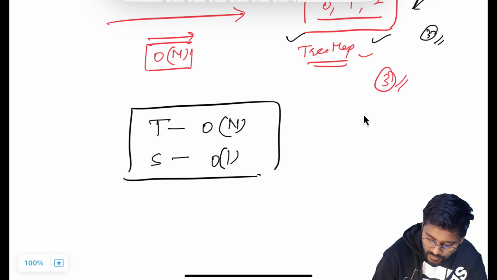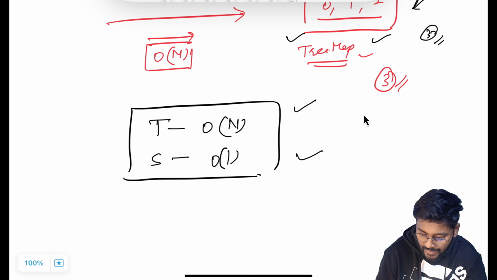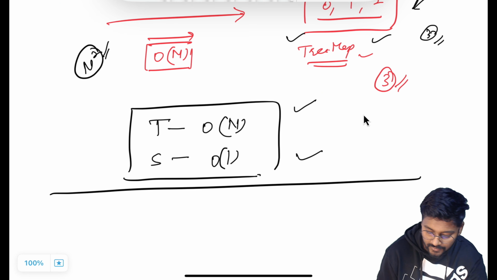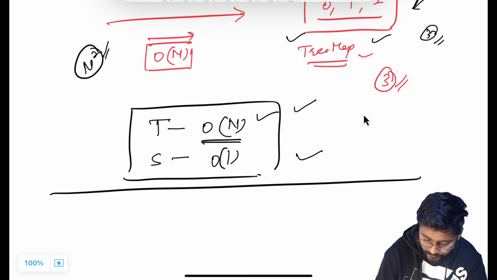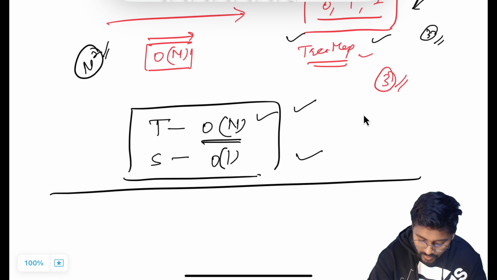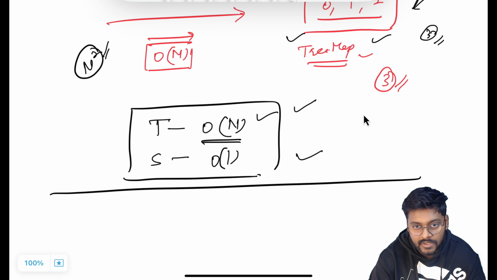So you can call it a constant space and linear time solution. Previously, we found an n square time solution, and this is linear time. So it's a very good optimization using variable sliding window, and this question is itself a very good question asked in Google. So make sure you are covering it, solving it and submitting the solution.